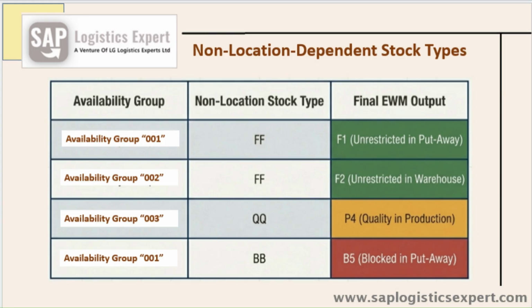Examples: F1 stock type in EWM is equal to availability group 001 plus non-location dependent stock type FF. F2 stock type in EWM is equal to availability group 002 plus non-location dependent stock type FF. P4 stock type in EWM is equal to availability group 003 plus non-location dependent stock type QQ.